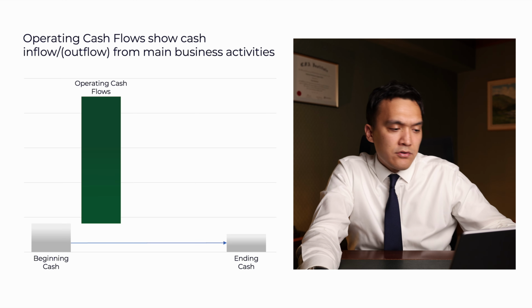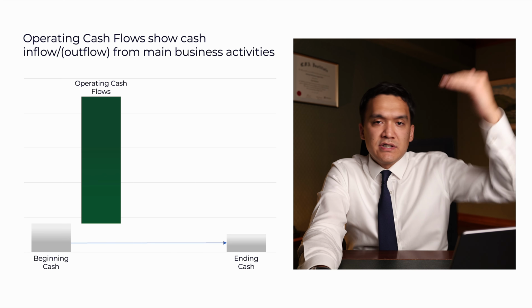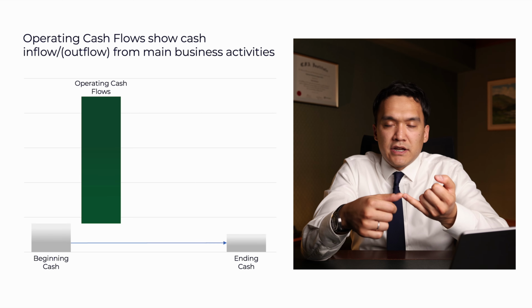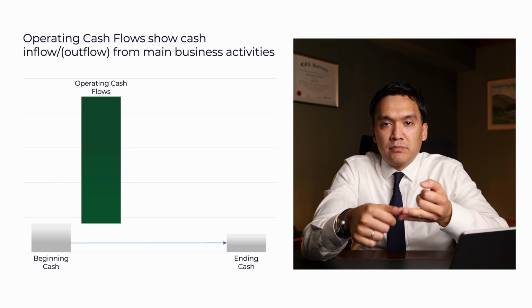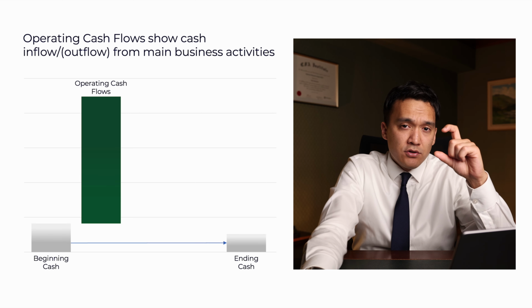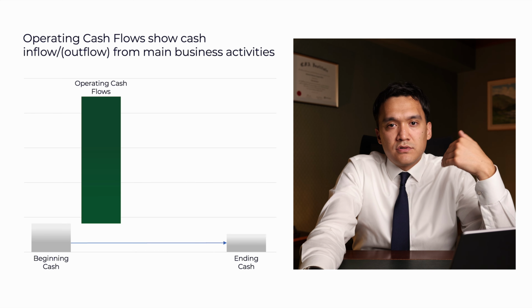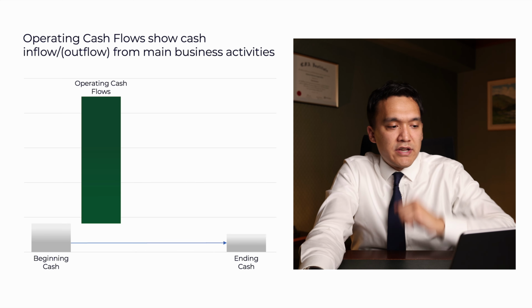As you can see here on the table, operating cash flows increased our beginning cash balance, because on average we would expect that we paid cash for raw materials and for our employees, and then sold the products with the margin. So our inflows exceeded our outflows of cash.